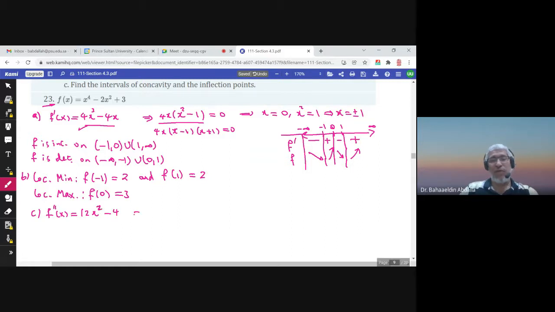If I put it equal to 0 to find the zeros, I can take 4 as a common factor. So 3x squared is 1 and x squared is 1 over 3 and x is plus or minus 1 over square root of 3.